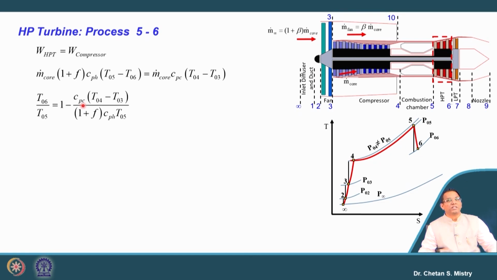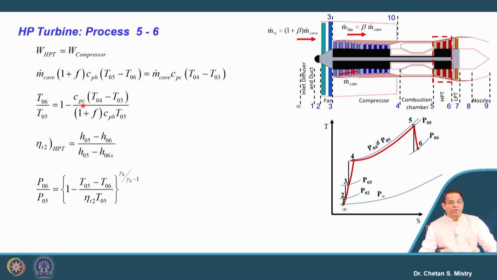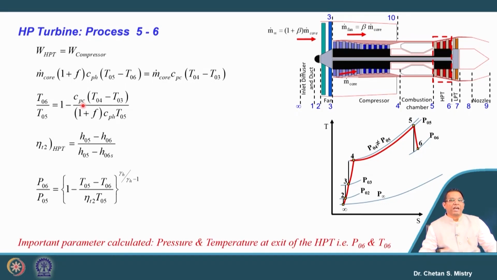And this represents our temperature ratio. So, we can calculate the temperature at the exit of the HP turbine. Since we know our efficiency, based on this efficiency we can calculate our expansion ratio, or pressure ratio. From that we will calculate our exit pressure and exit temperature from the HP turbine.